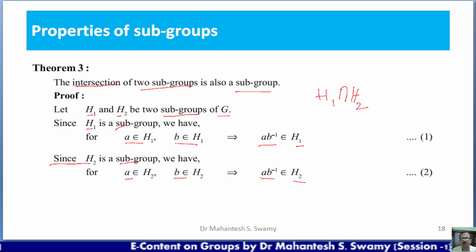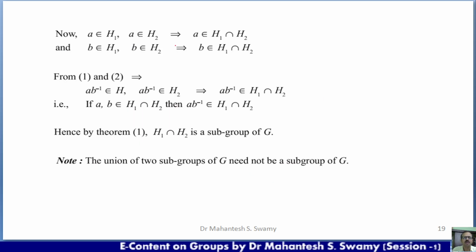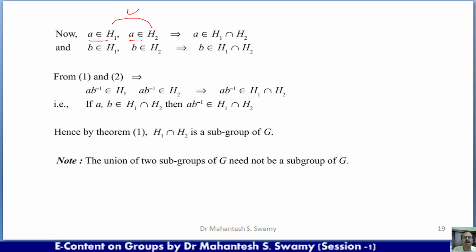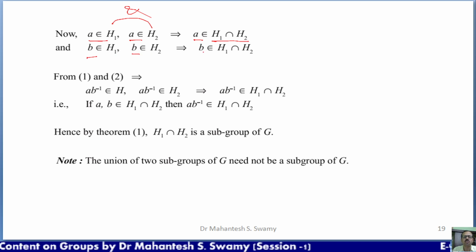So please observe what we have: for all A belonging to H1 and A belonging to H2, when A is in H1 and in H2, we say that A is in the intersection of H1 and H2. Similarly, when B is in H1 and B is in H2, B is in the intersection of H1 and H2.